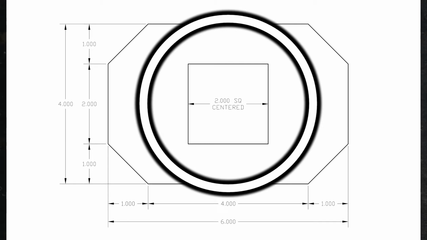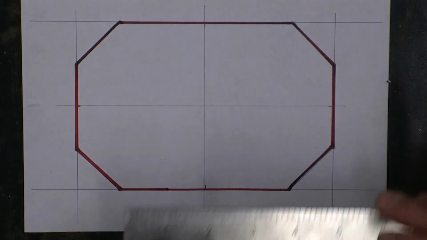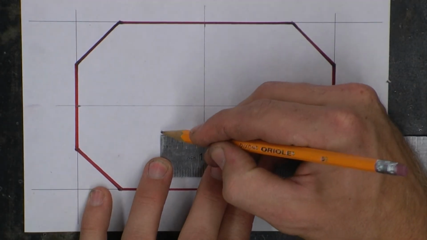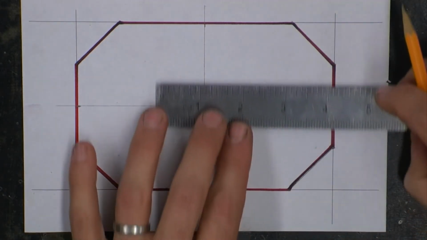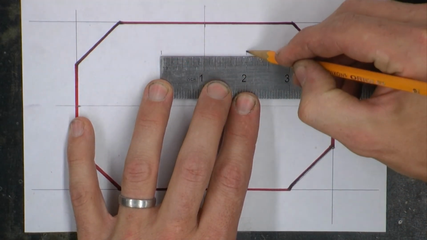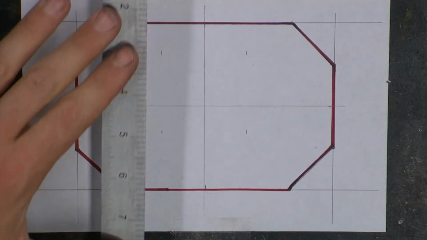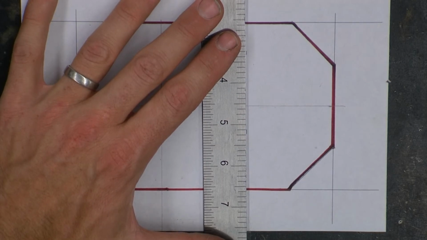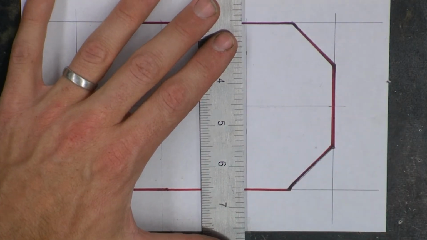Now that we have the center point located, we can take half the distance of the square and identify that on each side of each of these center reference lines. And then we can connect those reference points together with light pencil marks.